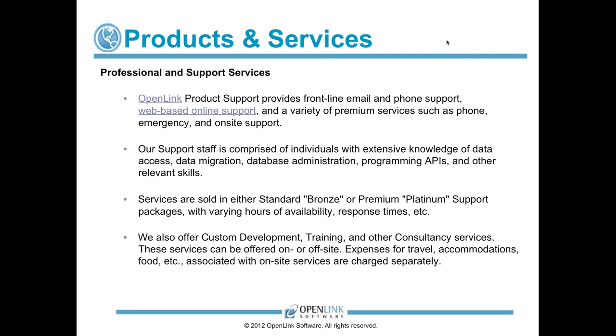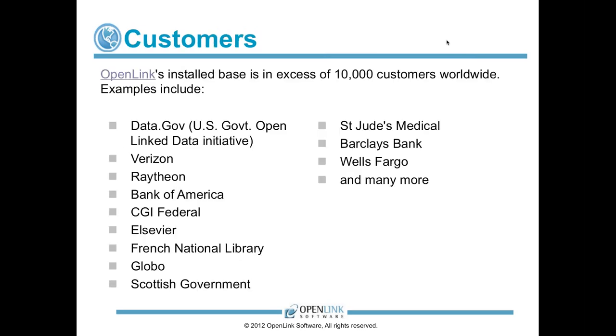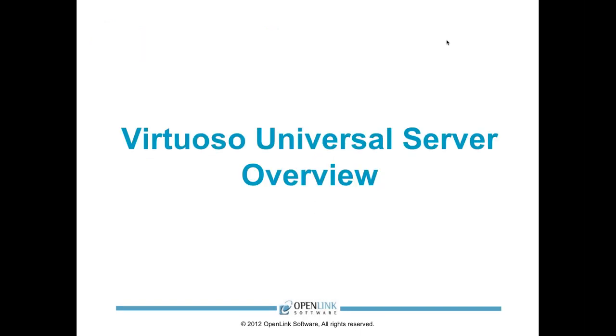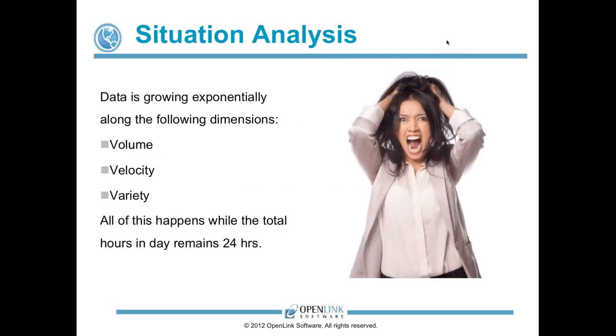In terms of products and services, we provide a full range of support for consultancy and custom development to our customers in both open source and commercial formats. Some of our many customers are listed on this slide. Most of these are mainly Virtuoso customers. We have offices, or our main offices are in the US and in the UK.